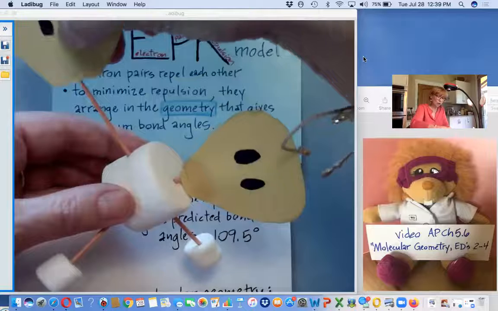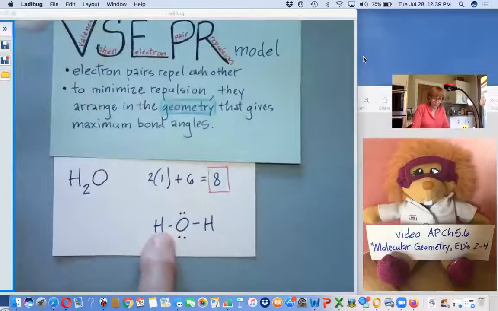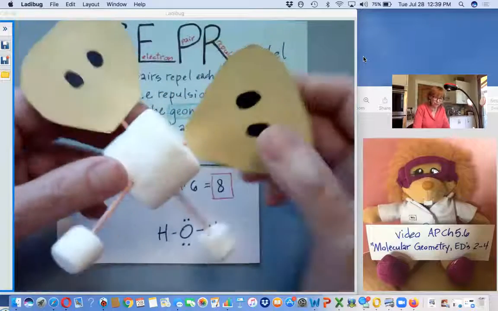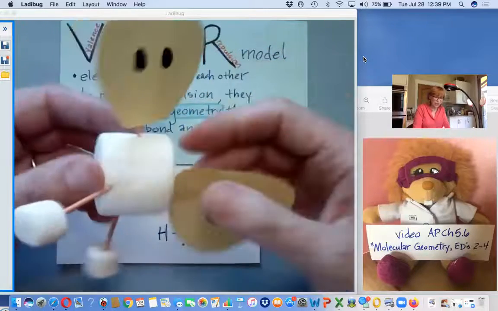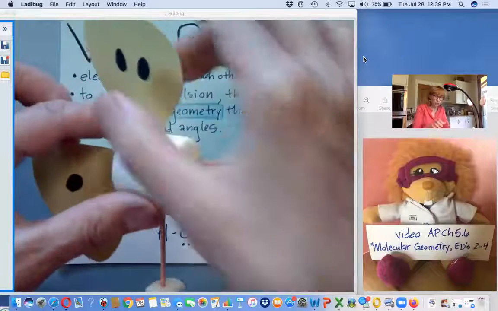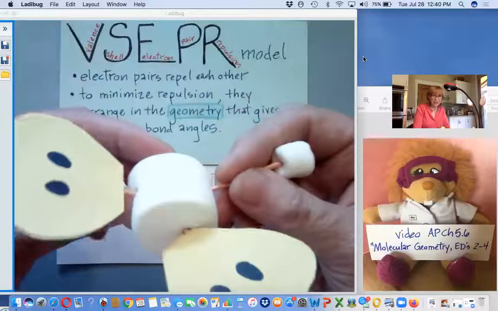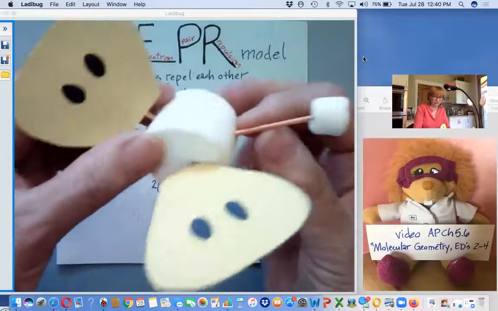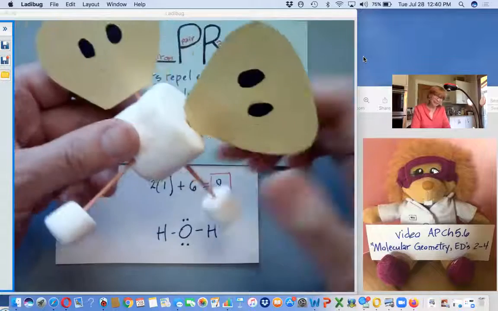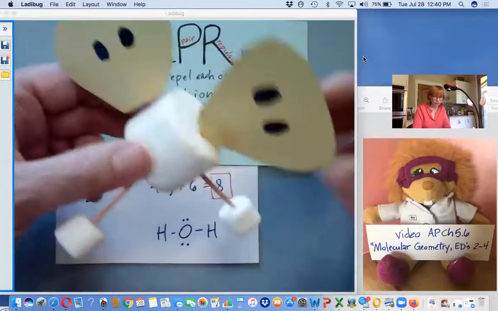Now, notice when we draw a Lewis structure, it looks like they're across from each other, but when you do your tetrahedral shape, there's really no across from each other. No matter which 2 toothpicks I choose, they end up being next to each other. Again, that idea is best seen if you're playing with marshmallows or gumdrops or grapes and toothpicks.